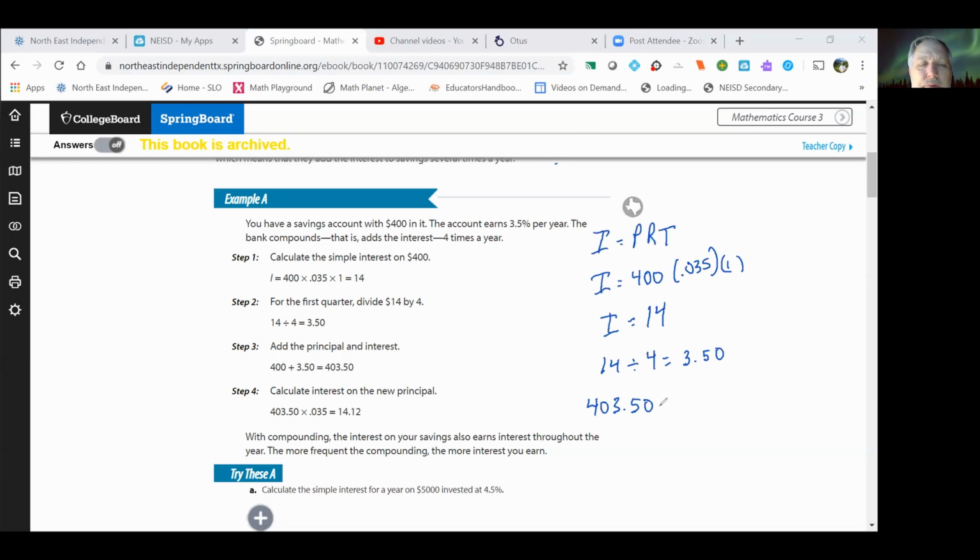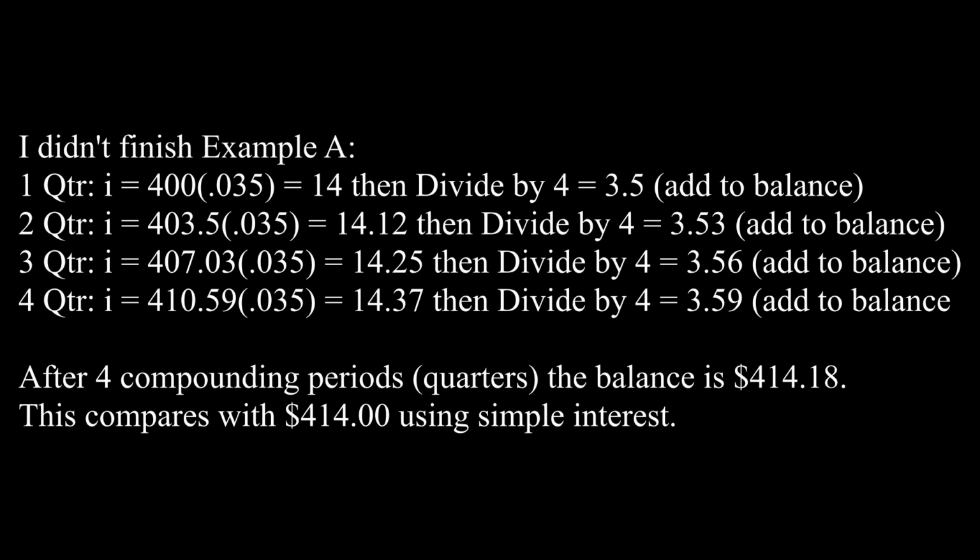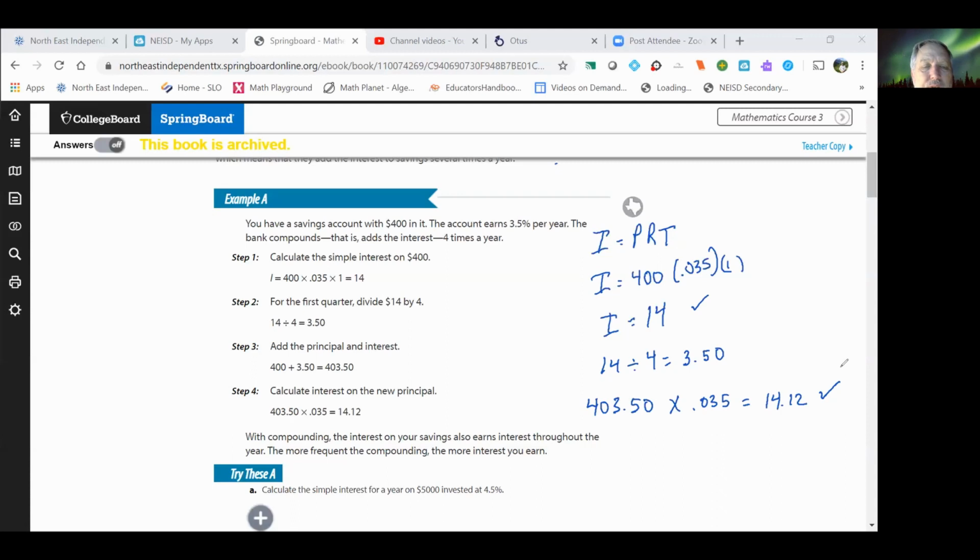Then we do the same kind of thing on the new principal. We multiply that times 0.035, and that gives us $14.12. So with compounding, the interest on your savings also earns interest throughout the year. The more frequent the compounding, the more interest you earn.